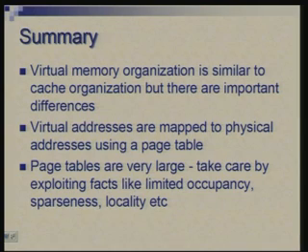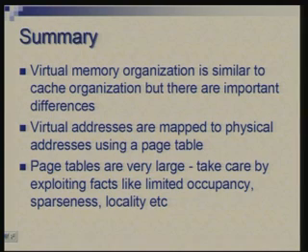Page tables tend to be very large, which poses a problem, and there are many techniques to counter that. These techniques basically exploit the limited size, the sparseness, locality, and so on, and ultimately the relevant part of the page table has to be in the physical memory. There is no separate memory kept for this.